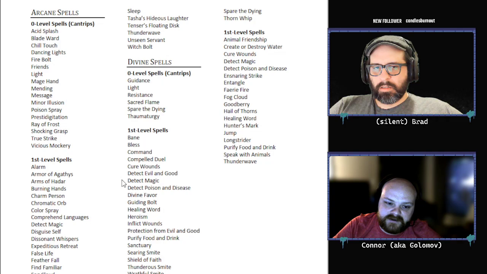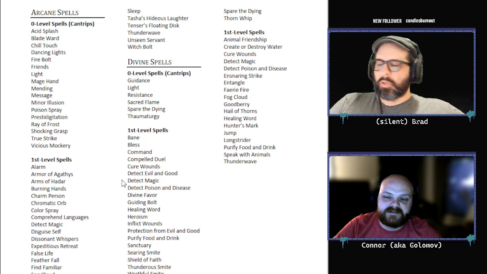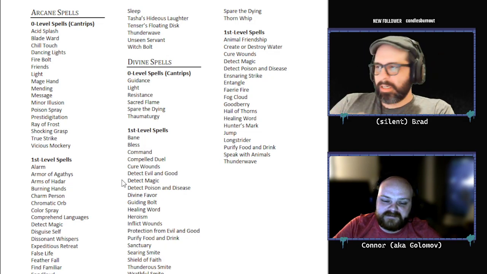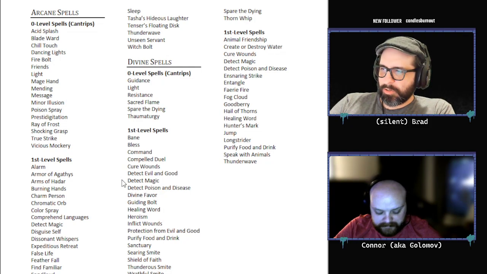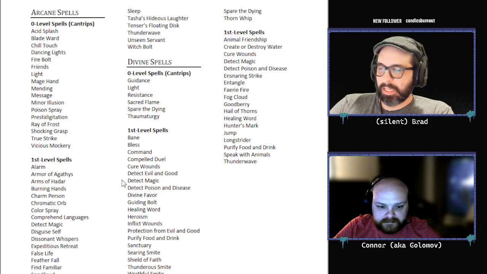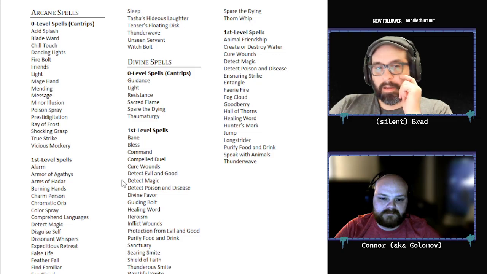But giving them access to all of the Arcane spells makes me a little bit worried it'll just be seen as another spellcaster. If you look at the first level spells, you'll see that Cure Wounds and Healing Word aren't in the Arcane list, but those are Bard spells.